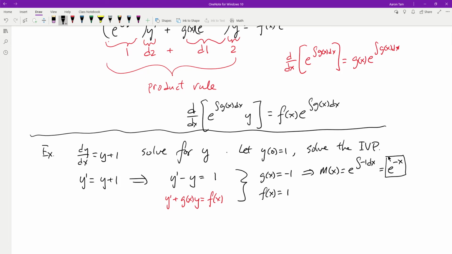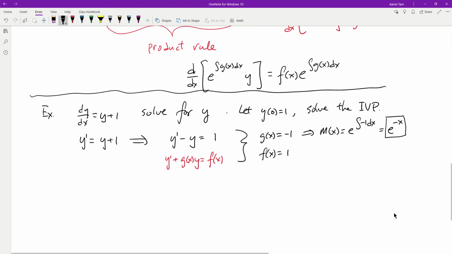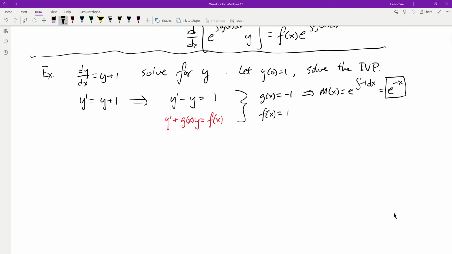So now I'm ready to solve my equation. How do I proceed? Well, I'm going to multiply the entire equation by e to the negative x. So it becomes e to the negative x y prime minus e to the negative x y equal to e to the negative x. Here's the important part to realize. I'm going to help you see this.